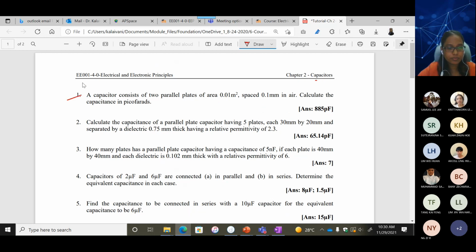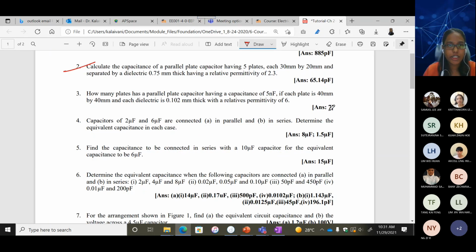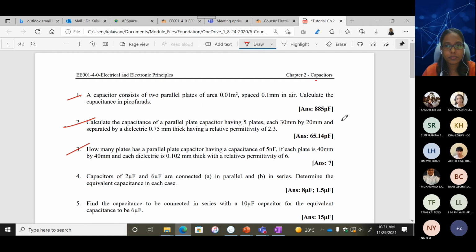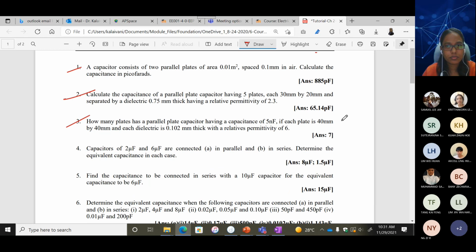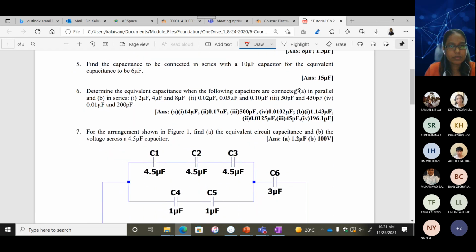Do the first one here. Do number 2. Do number 3. Number 4 is very simple, easy for you to do, so I'm going to skip that. Number 5 is also easy.